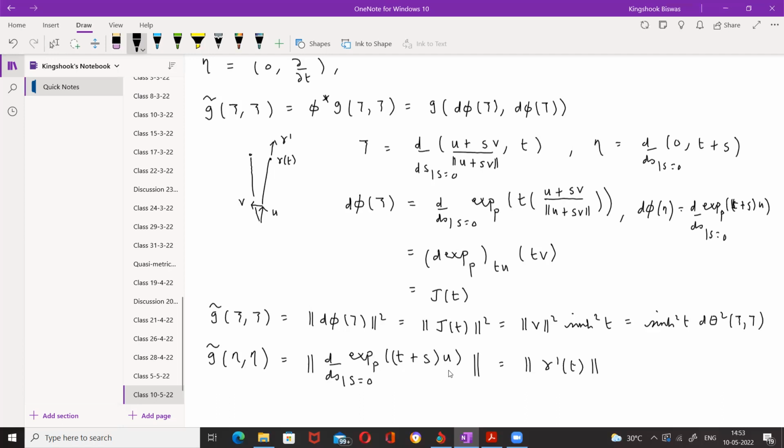So this is gamma prime t, which has norm 1, which is the same as dt squared of eta. And finally, let's look at g tilde of xi eta. So this is going to be g of d phi xi, d phi eta.